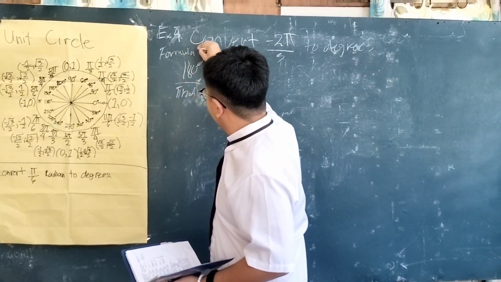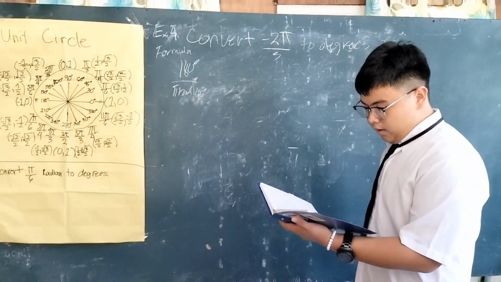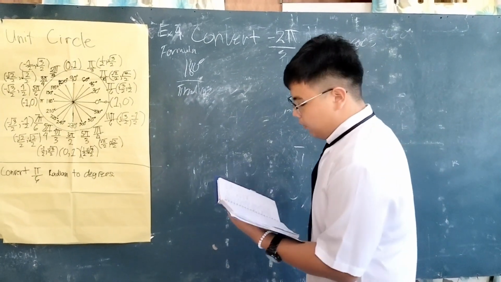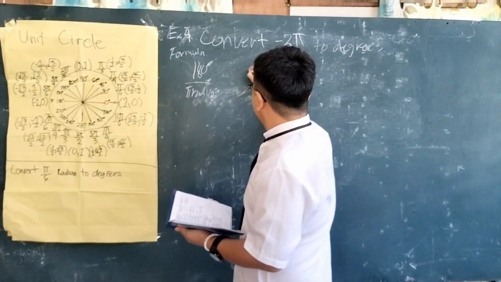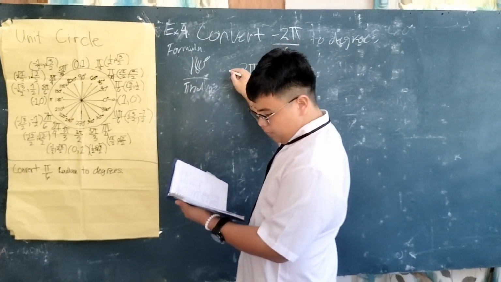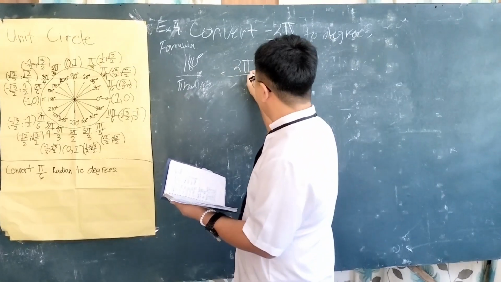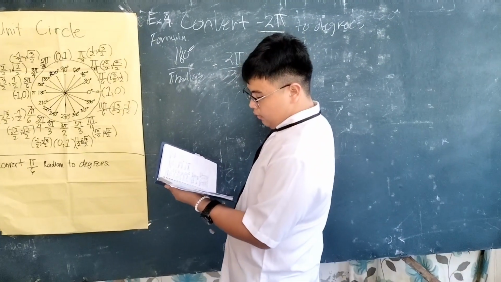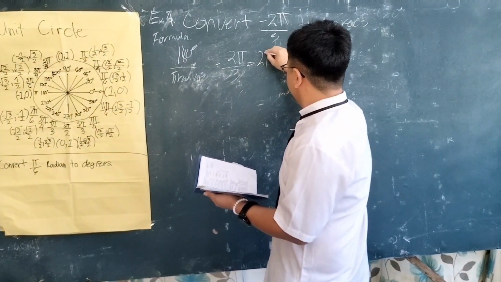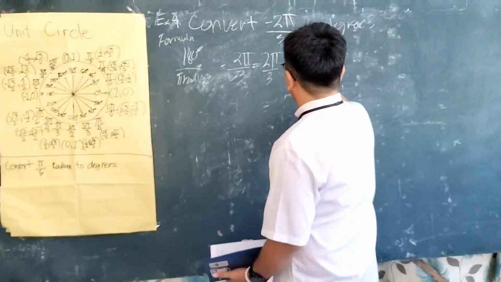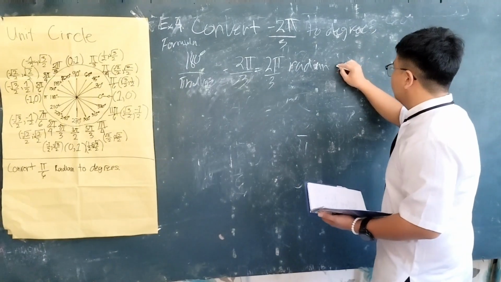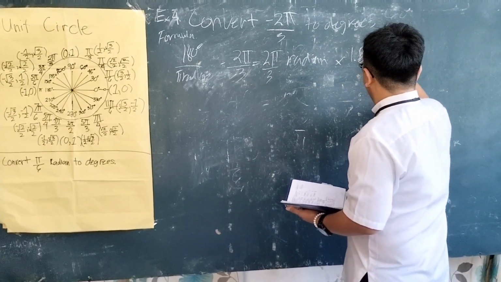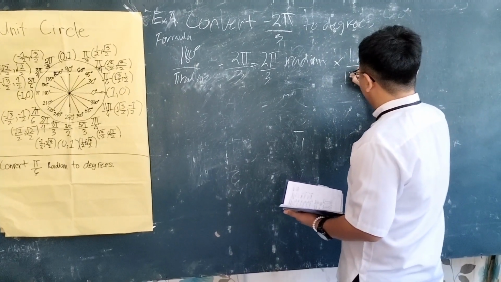Now we need to multiply by the given radian measure, negative 2 pi over 3 radian, times 180 degrees over pi radian.